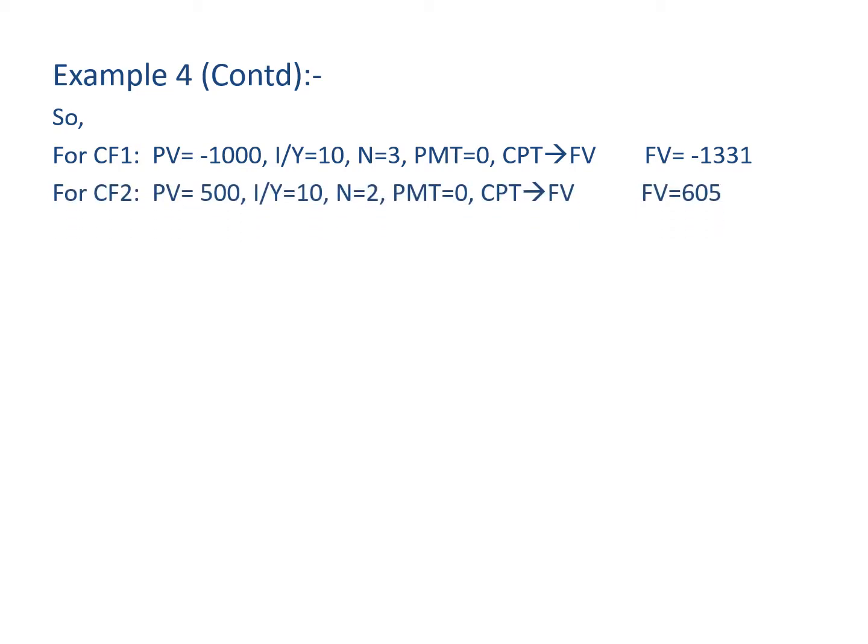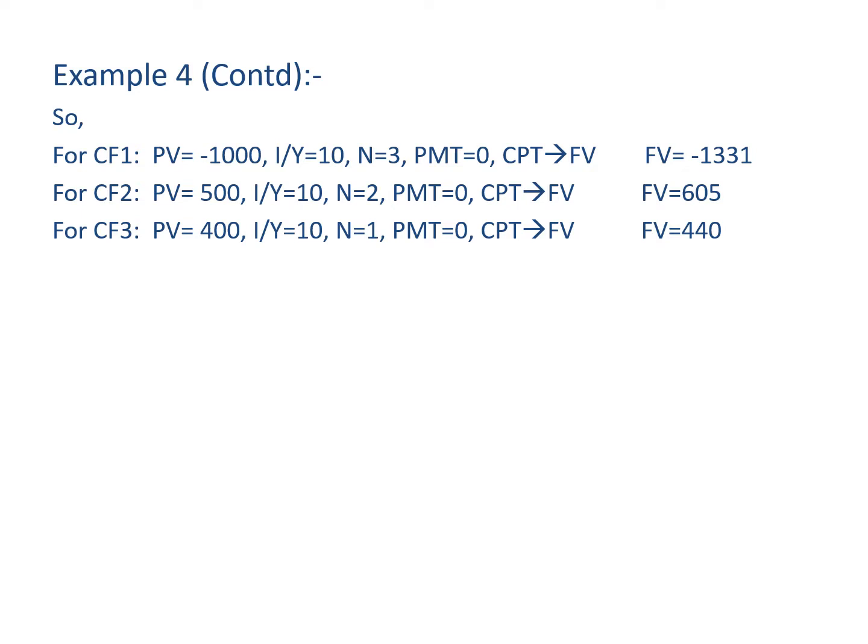For CF2, PV is 500, I by Y is 10, N is 2, and PMT is 0. When we compute FV, we get FV as 605. For CF3, PV is 400, I by Y is 10, N is 1, and PMT is 0.